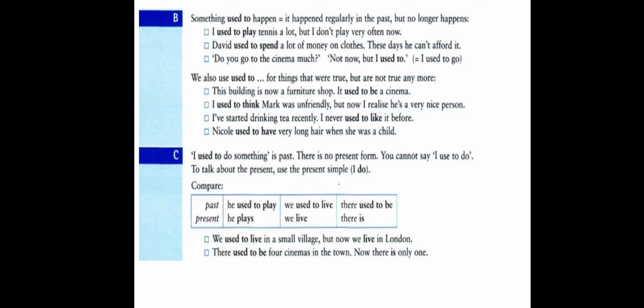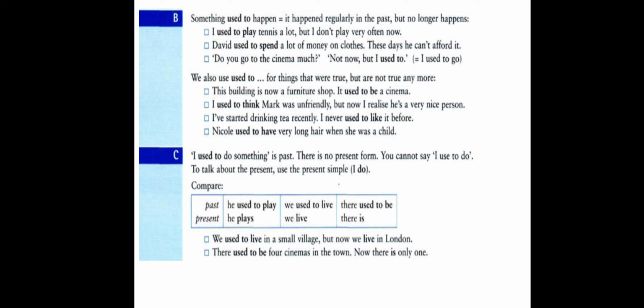For example, this building is now a furniture shop. This is the first example. Now it is a furniture shop, but in the past it used to be a cinema. Here, to speak about a situation that was in the past and finished now, we can use used to.